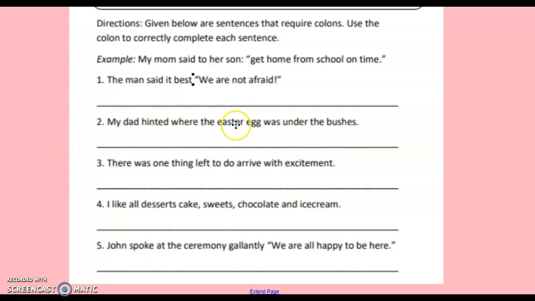Okay, my dad hinted where the Easter egg was under the bushes. Okay, so in that sentence, choose where you think the colon goes. Think about what's the first clause that makes sense in that sentence, and then place your colon where you think it should go. Okay, I will look at them and I will respond to you. Good luck.